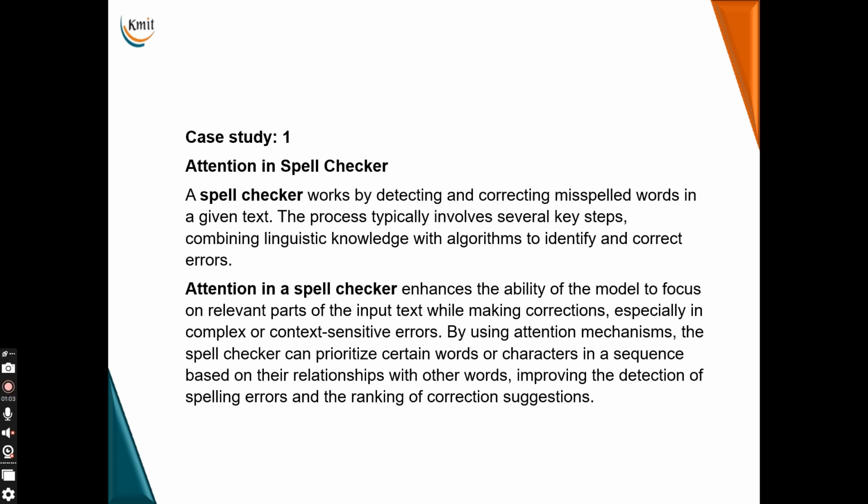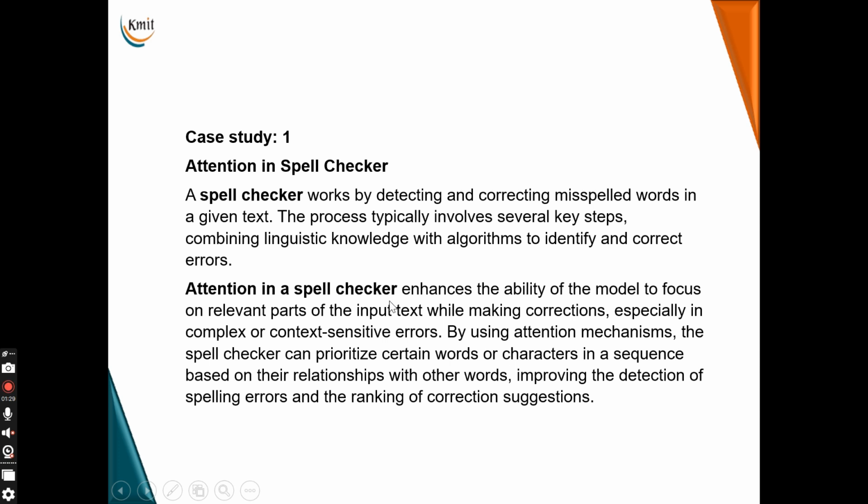The process typically involves various steps. These steps definitely need knowledge of the language in question and some algorithms which will try to identify whether a particular word is correct or not with respect to its spelling, right?